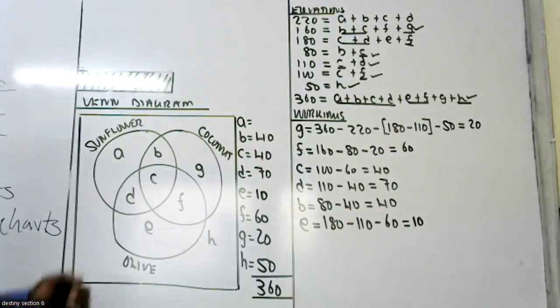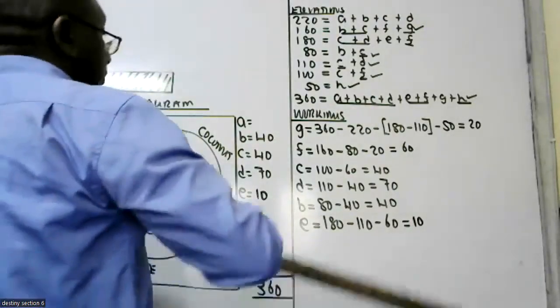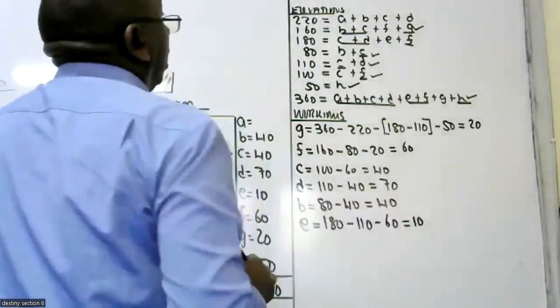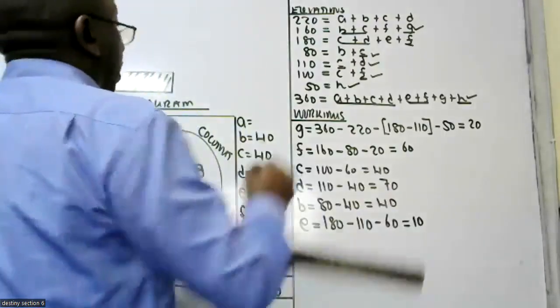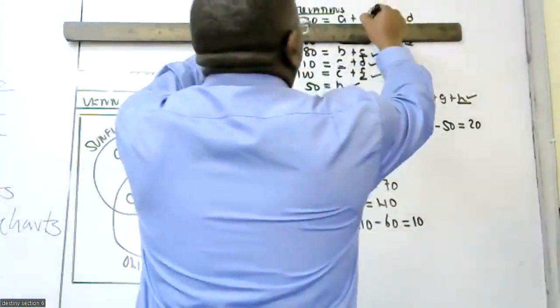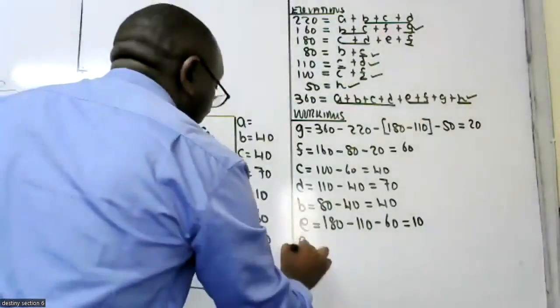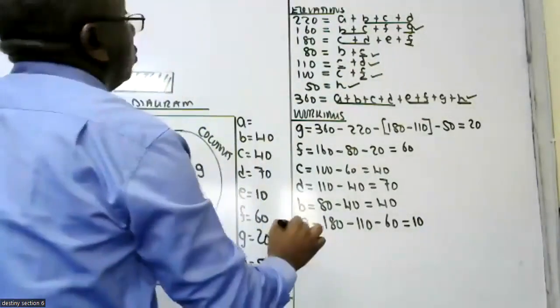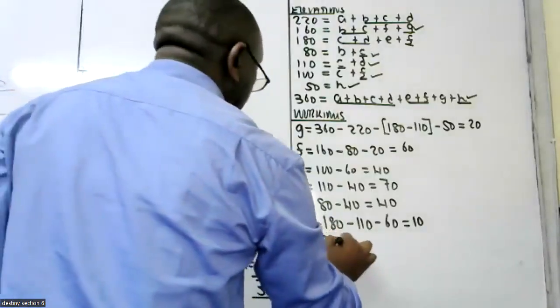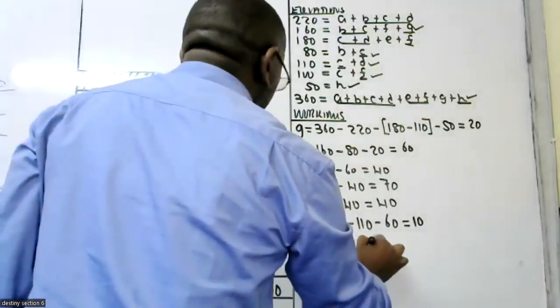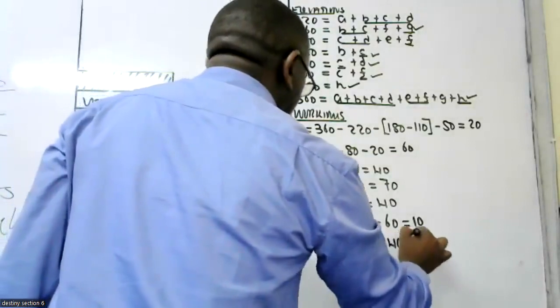So if E is 10, we come now here and get to know A. A must be 220 minus 40 minus 40 minus 70.